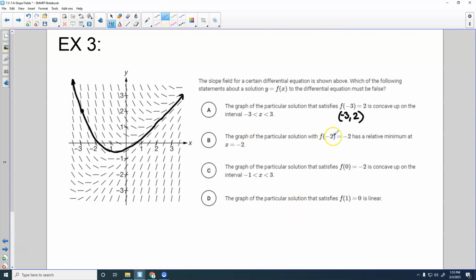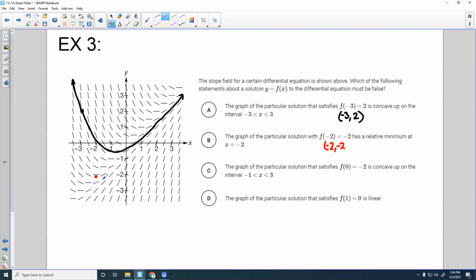So for B, this is the point (-2, -2). So (-2, -2) is right here. And this tells us that we have a relative minimum. I'm sorry, A is not the answer, because what does this question ask us to find? If it's false.